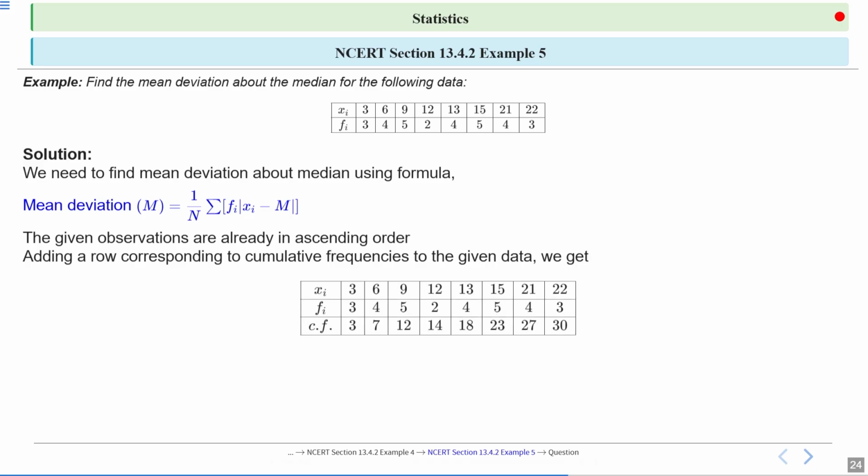In this table, in the first row we have the values of xi, in the second row the corresponding frequencies fi, and in the third row the cumulative frequency. Now n equals summation i equal to 1 to 8 fi. This is equal to 30, which is even here.